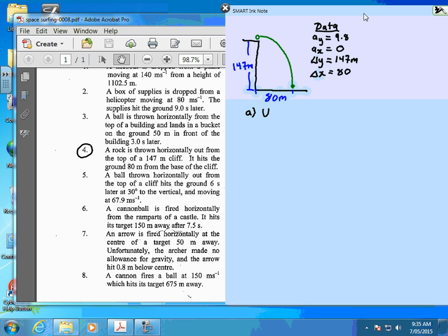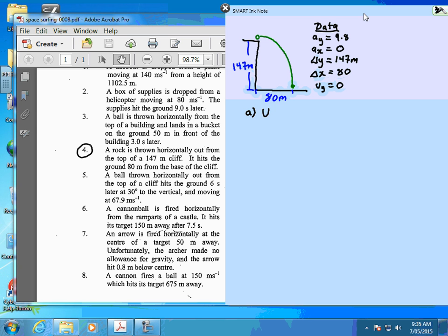Now, what I do know, if I look at the equation delta y, do I know delta y? Yes. Wouldn't U just be 0? Do I know UY is 0? So I actually can put that in there.